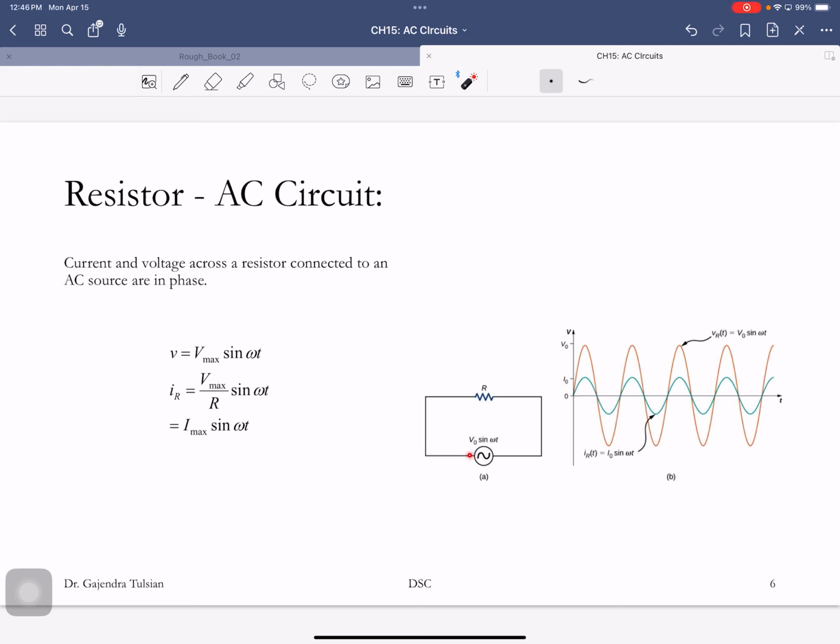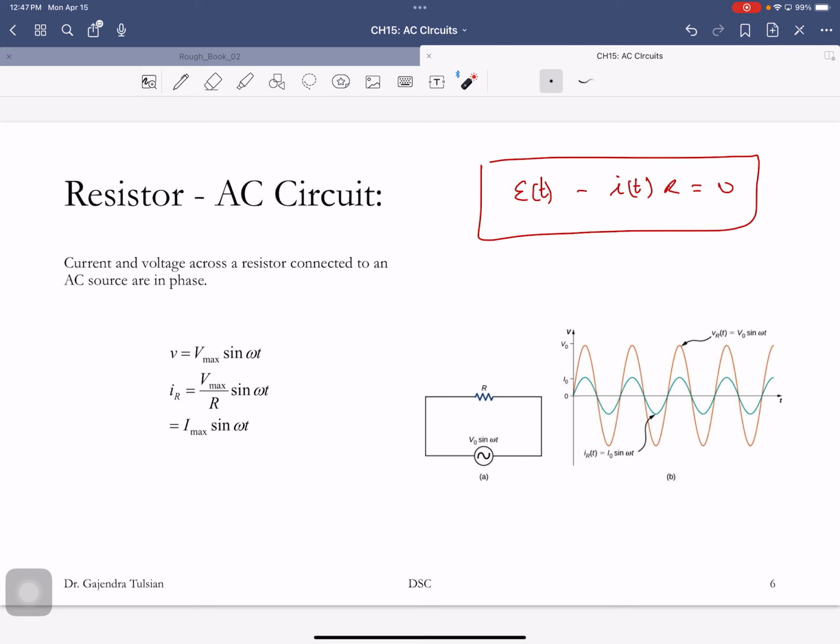If you go around the loop, the net voltage around the loop is 0. So for instance, E(t) minus I(t) R should equal 0. And from this equation, you'll get this.